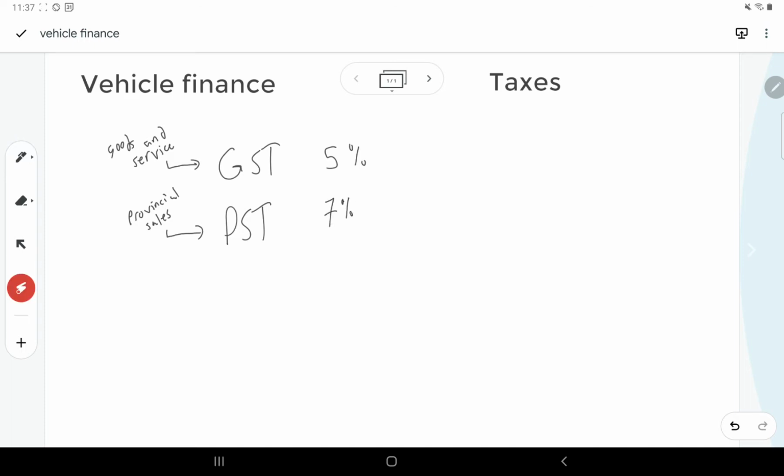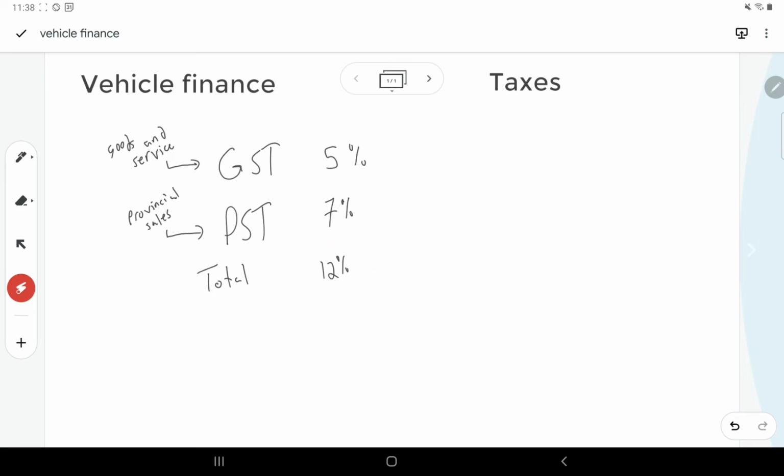That means on every purchase that GST is applied to, you pay an additional 5%, and on every purchase that PST is applied to, you pay an additional 7%. If both taxes apply, it'll be 7 plus 5, which is 12%. So usually when you go to a corner store and pick up a bag of chocolate, 12% tax is added on top of that.